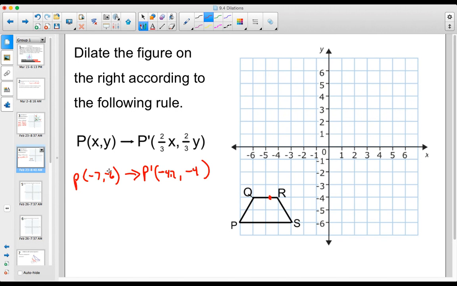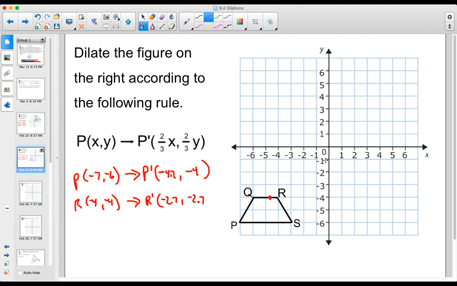Let's do our other points. R is at (-4, -4), and we go to R prime. I do 2/3 times -4 and I get about -2.7, and they're both going to be -2.7.